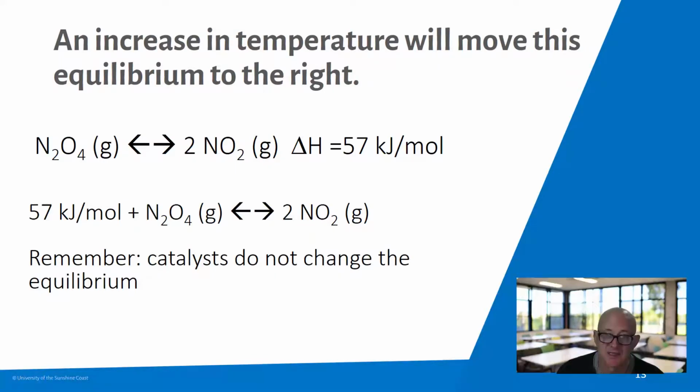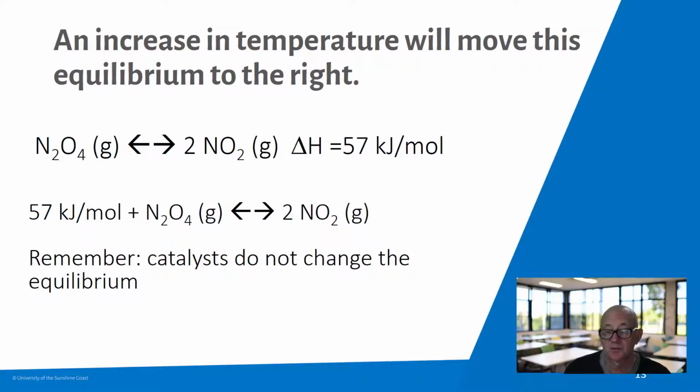Because it's written as a plus term, in front of that 57 kilojoules per mole, you can imagine there's a plus there. It means that the reaction is absorbing heat from the system as it's read from left to right. I can write that in the equation, so it's now on the left-hand side of the equation, and now we've got an equation we can work with in terms of Le Chatelier's principle.